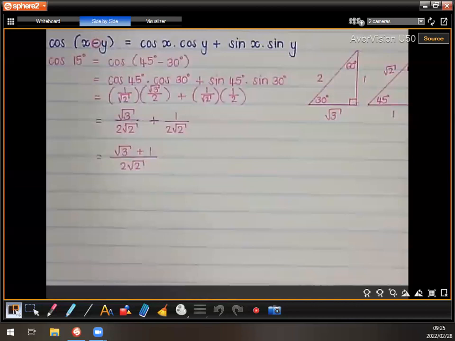Now you can add those two together, because they have the same denominators already. So we get root 3 plus 1 over 2 root 2.